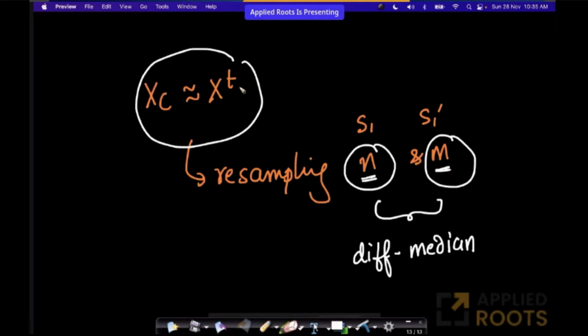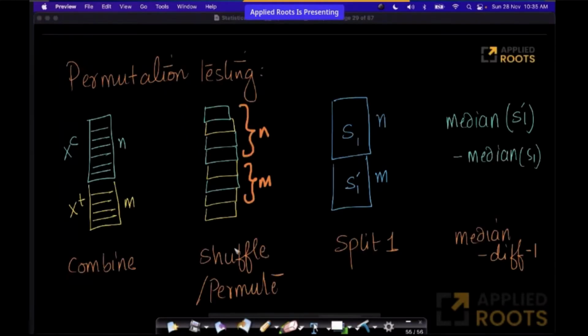Even if xc and xt are exactly the same distribution, by combining everything and resampling, what if xc and xt are the same distribution and I sample n elements here, m elements here? The difference in medians, this value very often could be zero, but it will also differ from zero in some instances.